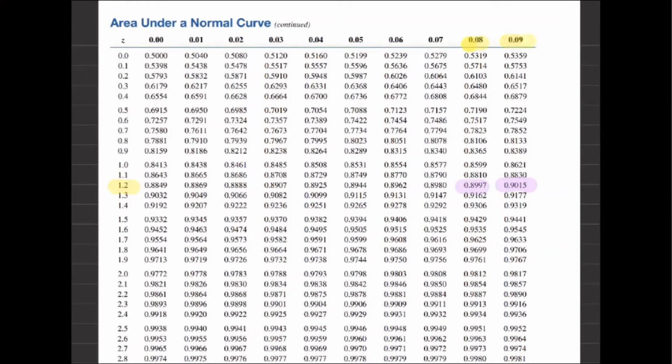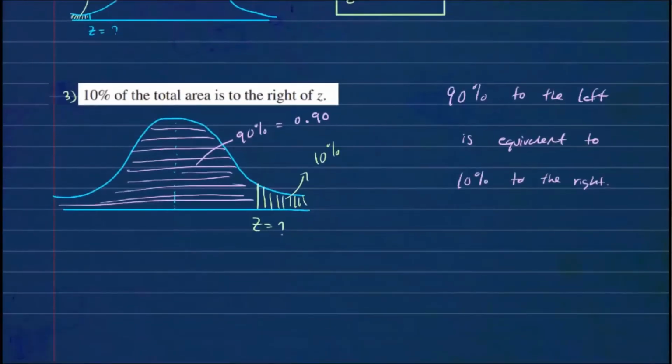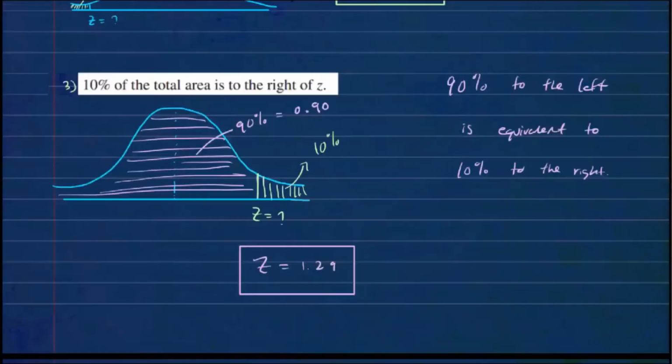Any of those are fine. So I'm going to go with 1.29. That's pretty okay. So this z is going to be 1.29. That's the same z that corresponds to 90% area to the left, which is the same as 10% to the right. Now let's go ahead and finish up the last part.